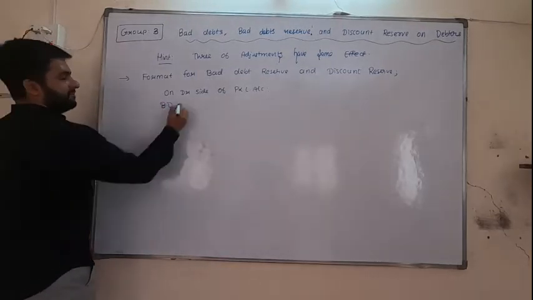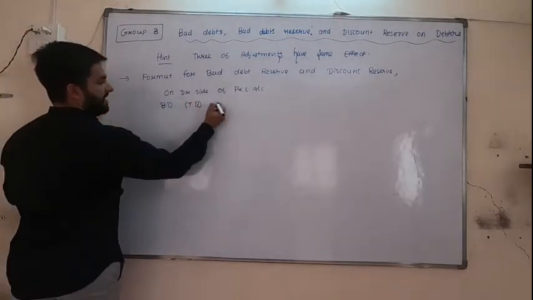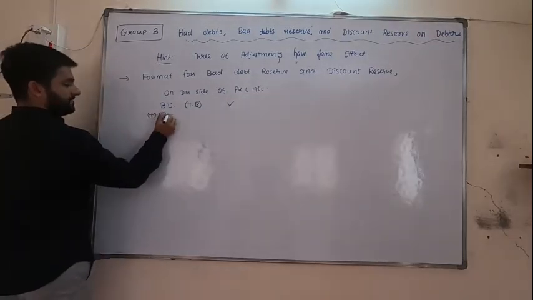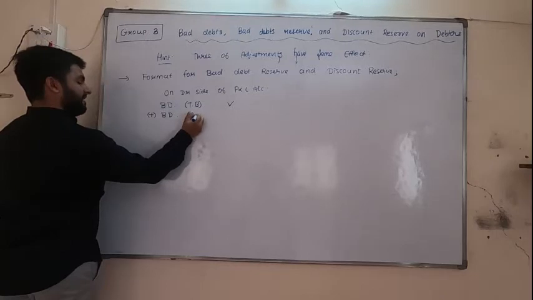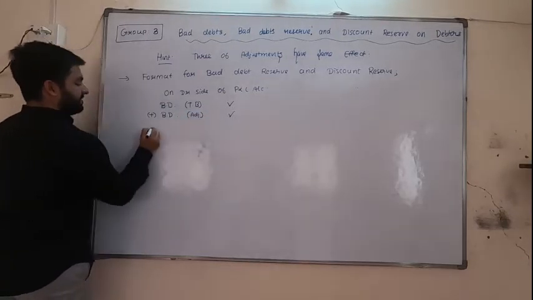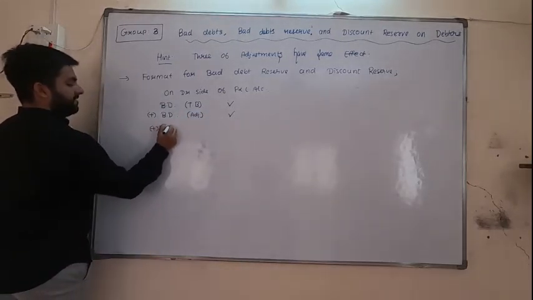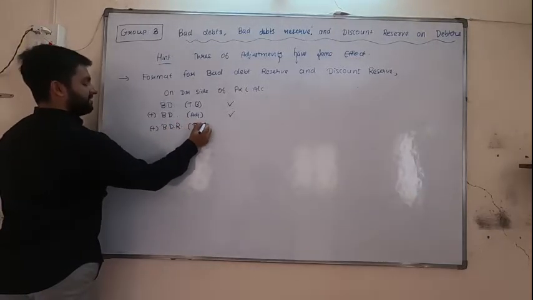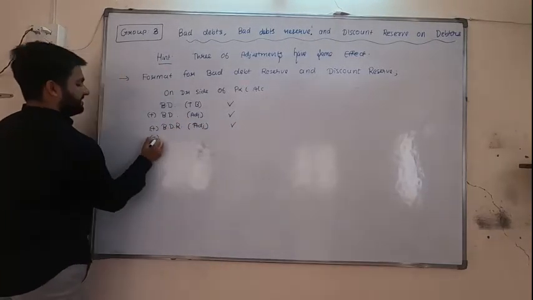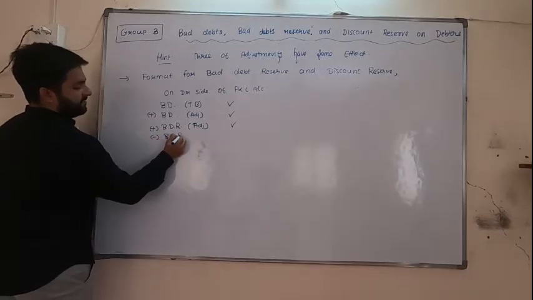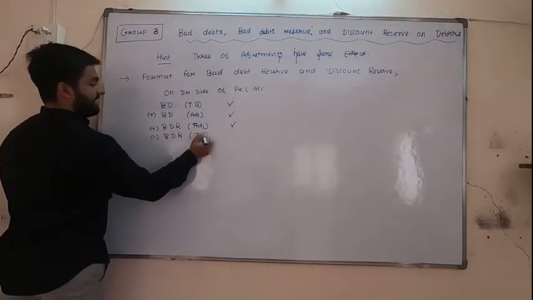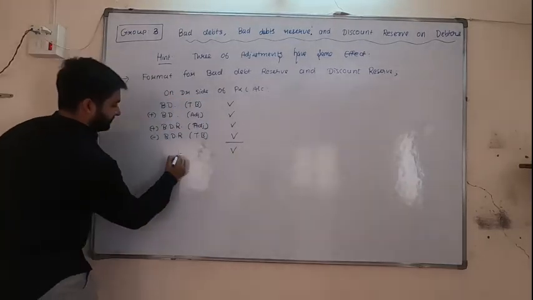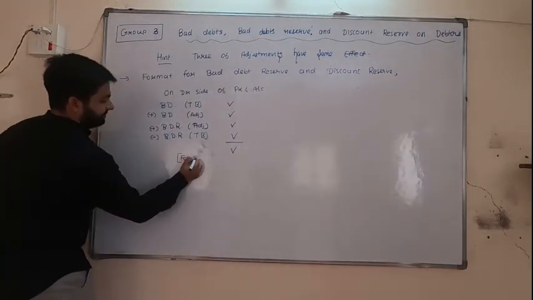BD means bad debts, TB means trial balance: bad debts trial balance, plus bad debts adjustment, plus bad debt reserve adjustment, minus bad debt reserve trial balance. That's all.